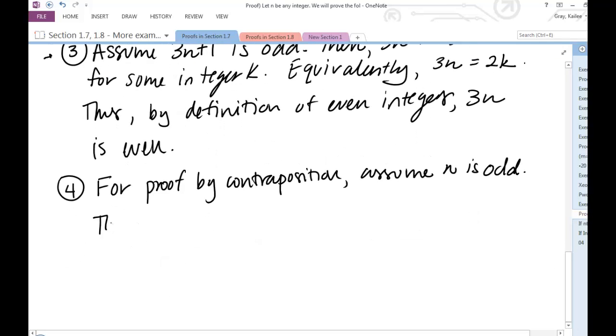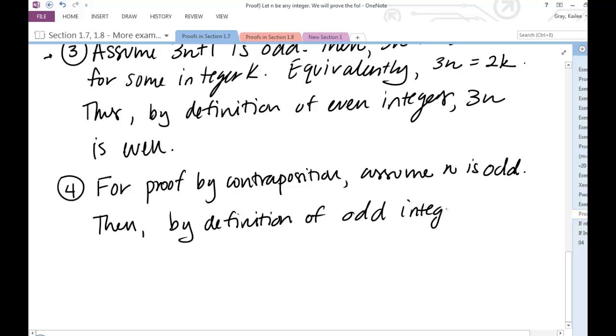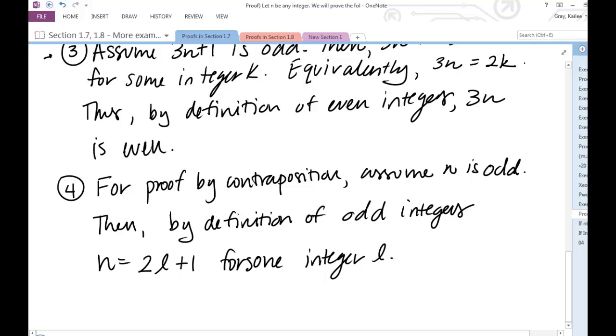Then, by definition of odd integers, n is equal to 2l plus 1 for some integer l. What else do we know?